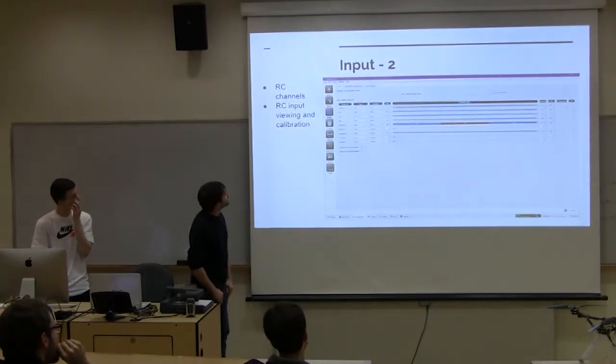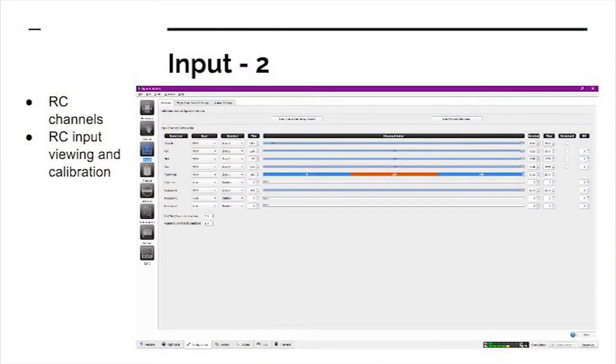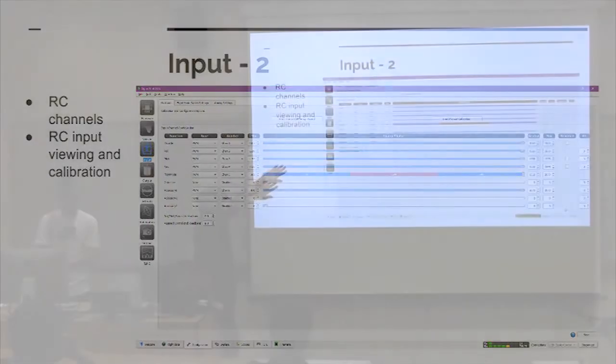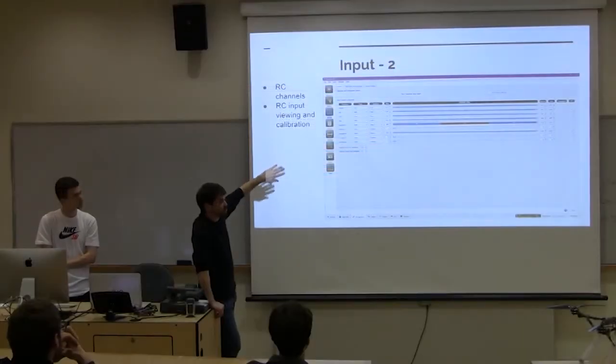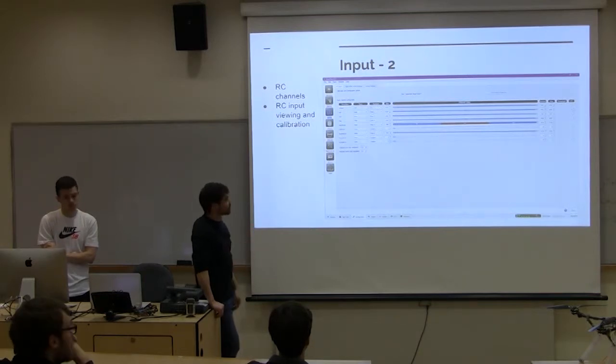Input, RC input. This page right here in particular is where you're going to spend a lot of time. This is where you're going to calibrate your transmitter. We're going to walk through a lot with this at the end, but the main thing you're going to want is looking at whether your controller is PWM or PPM, whether you've got the one cable or an individual cable for each channel.